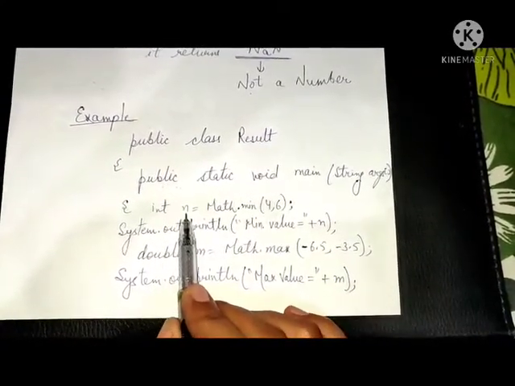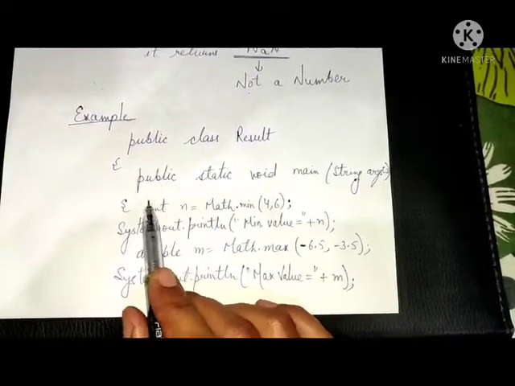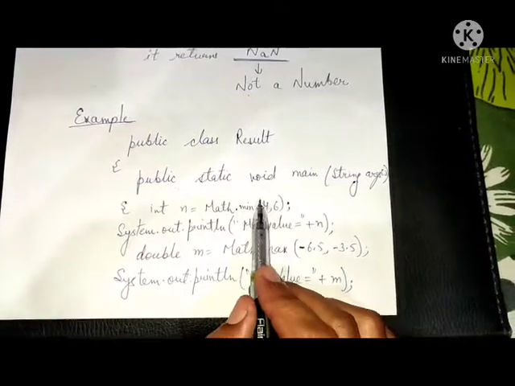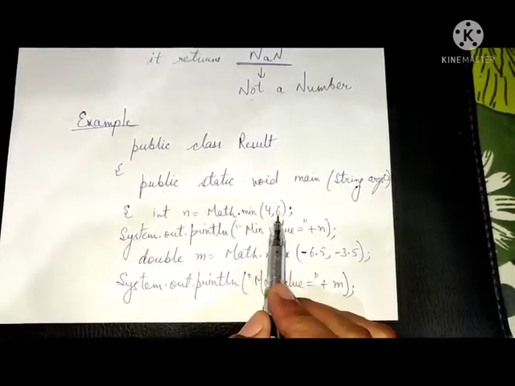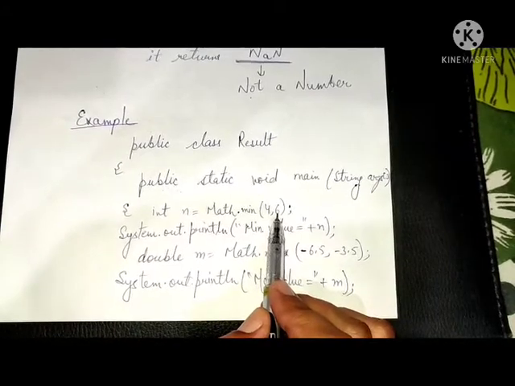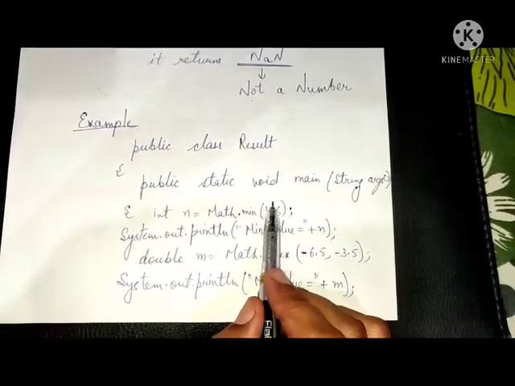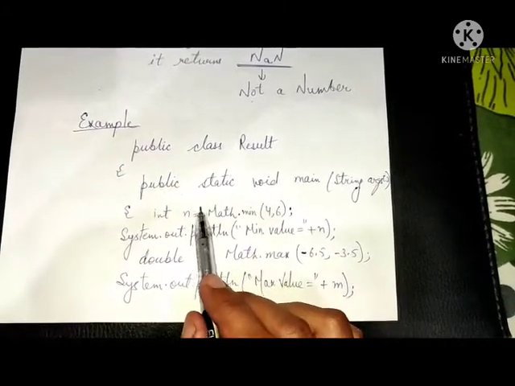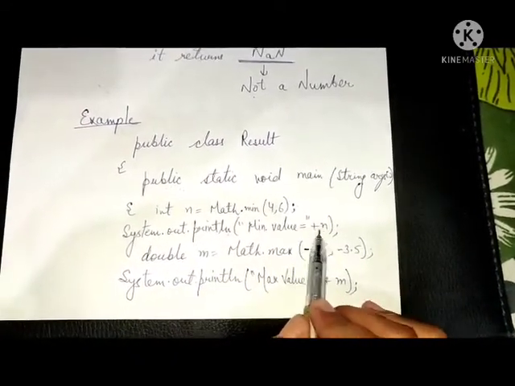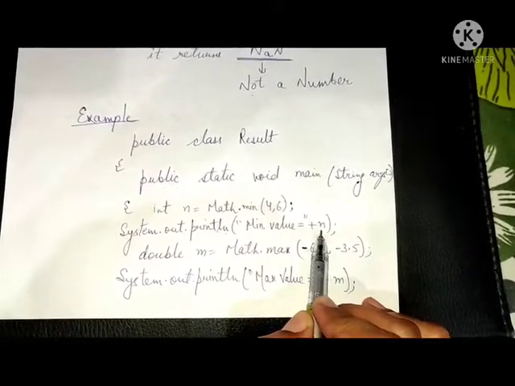Now I am taking the variable n of integer type because the min method returns an integer. Why? Because I am passing two integer values, 4, 6, and it calculates a minimum value 4 and returns it to the n. Then system.out.println, the minimum value is displayed on the screen.